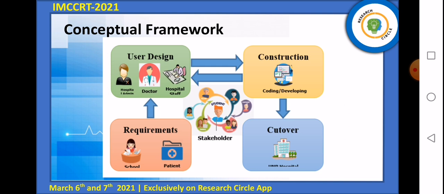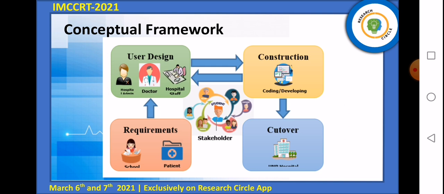Under user design, it involves the hospital administration, doctor, and hospital staff. The construction phase is where the creation and development of the system falls. The verification and validation of the system will be worked on in the cutover phase.